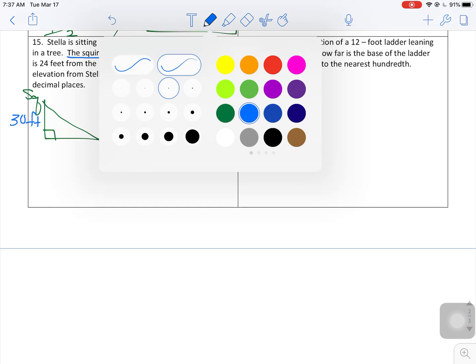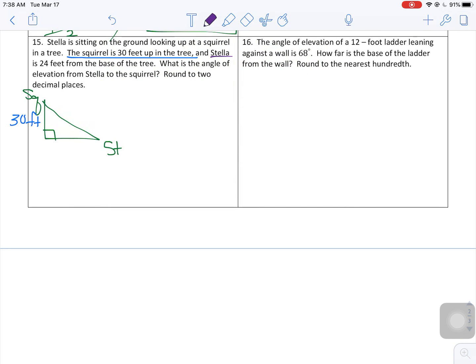And then Stella is 24 feet from the base of the tree. And then I want the angle of elevation. So angle of elevation is from the horizontal going up. And then we're going to round to the 2 decimal places. So when I look at my labeled picture over here, with respect to that orange X, I have the opposite side and I have the adjacent side.